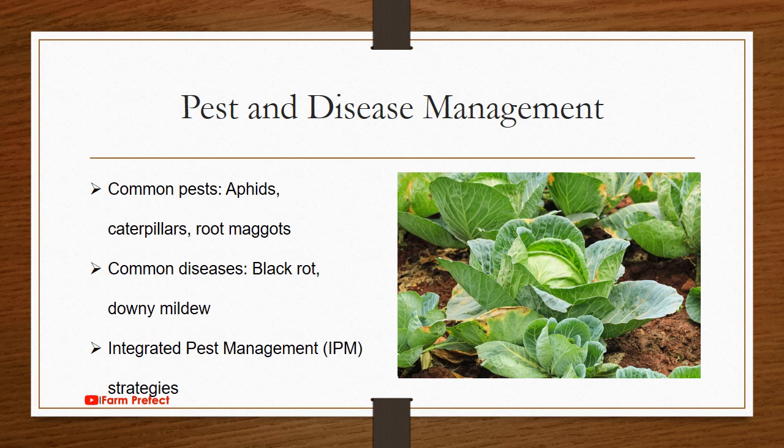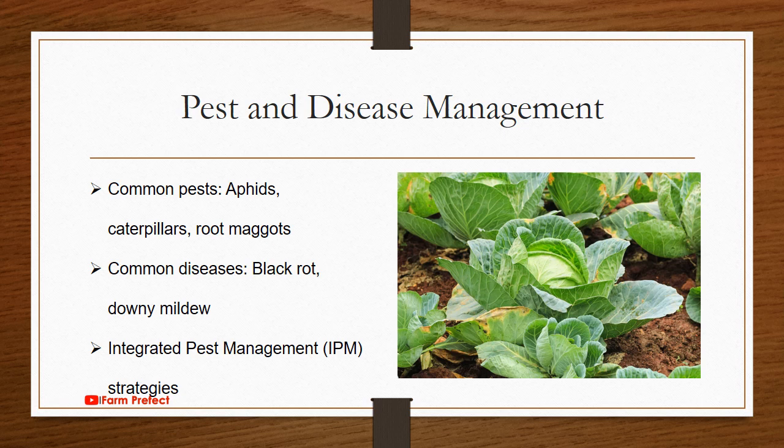Common pests are aphids, caterpillars, and root maggots. Then we have diseases like black rot, downy mildew, and all that.